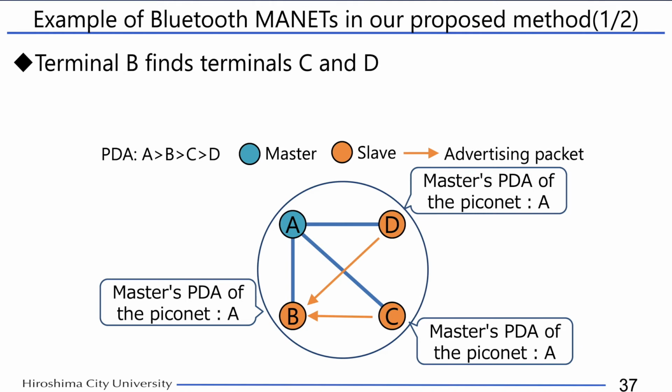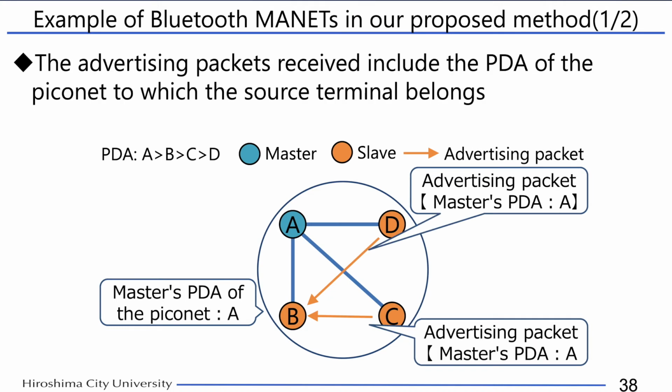Terminal B receives advertising packets from terminals C and D and discovers terminals C and D. Terminals B, C, and D belong to the same piconet, but they are trying to establish connections between BC and BD. In our proposed method, I include the public device address of the terminal that sends the advertising packet.